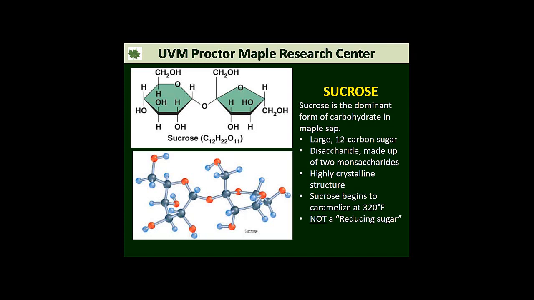Well, hopefully that's above the temperature of the syrup in your pans. If that's the temperature of the syrup in your pans, you're probably a rather unhappy sugar maker. It happens every now and then, but that black char is caramelized sugar or burnt sugar. So the other interesting property of sucrose is it's not what we call a reducing sugar.